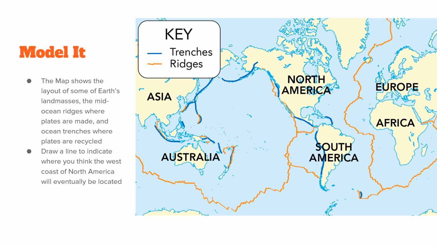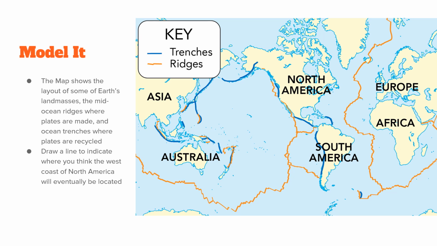All right, so here we have our Model It, but before we start that, let's do our reading check. What features are evidence of the Pacific Ocean's maturity? The answer would be subduction zones on many sides. So our Model It, Figure 6, is Predict North America's Movement. The map shows the layout of some of Earth's land masses, the mid-ocean ridges where plates are made, and ocean trenches where plates are recycled.